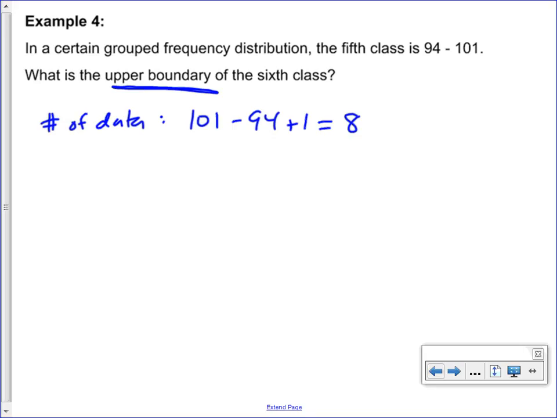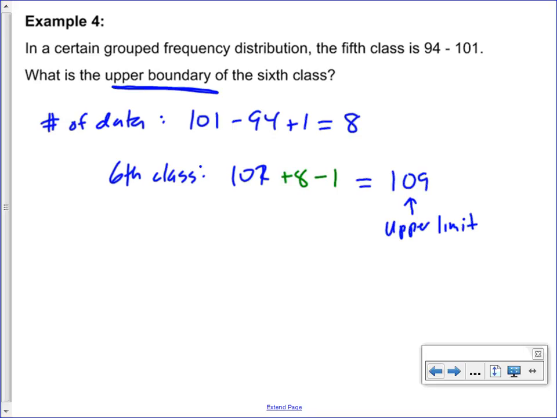Okay? So the 6th class would start at 102, there you go. 102 plus 8 minus 1, that ends you up at, what is it? Oh, 109. So this would be the upper limit.